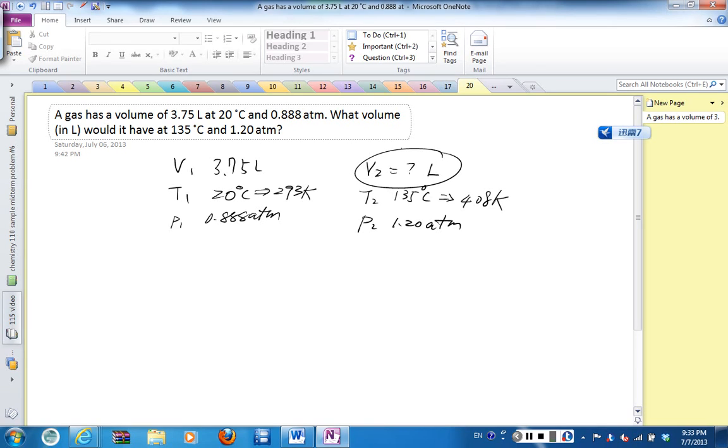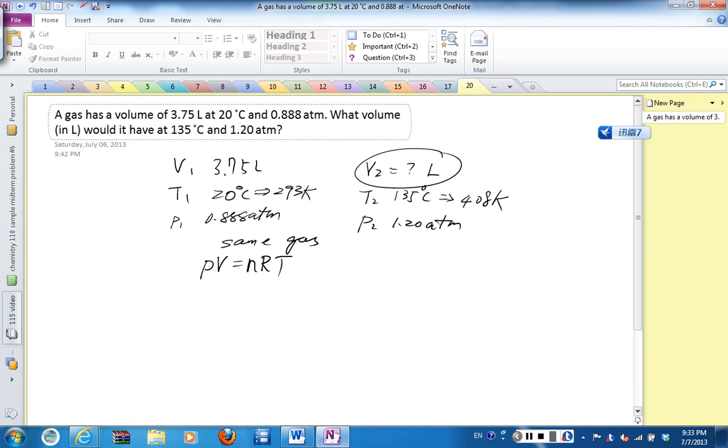Now, how do we set it up? Well, remember, we're talking about the same gas sample, which means for each set of conditions, the ideal gas law has got to stand. PV equals nRT applies to both conditions.